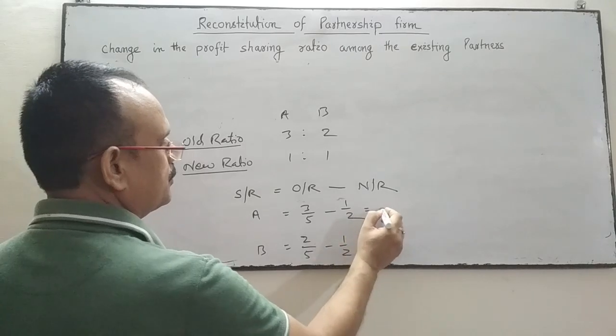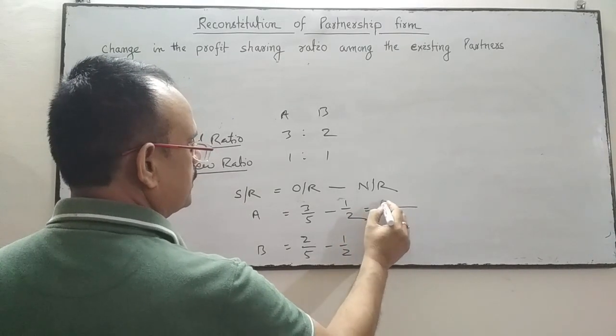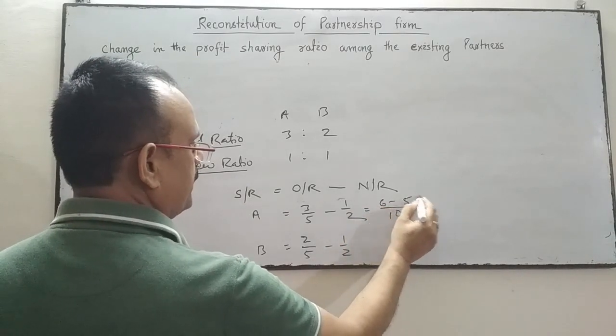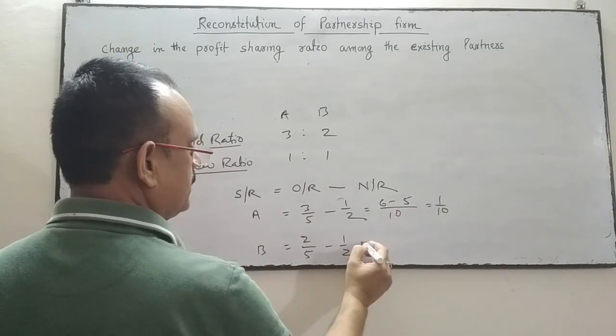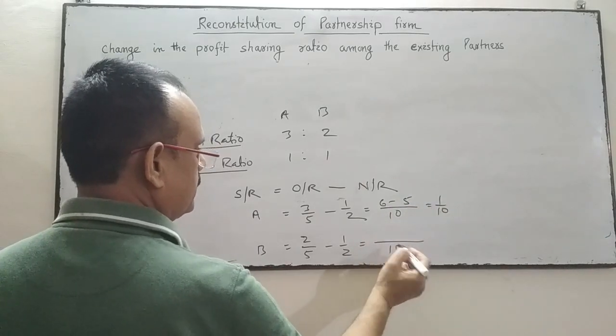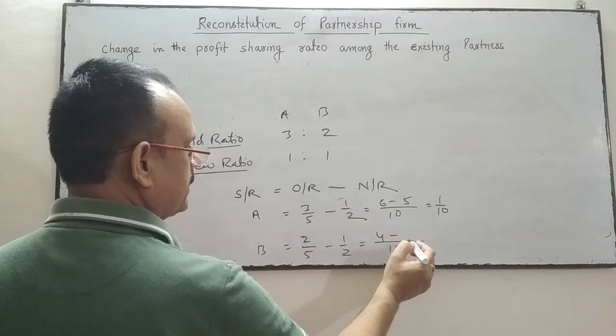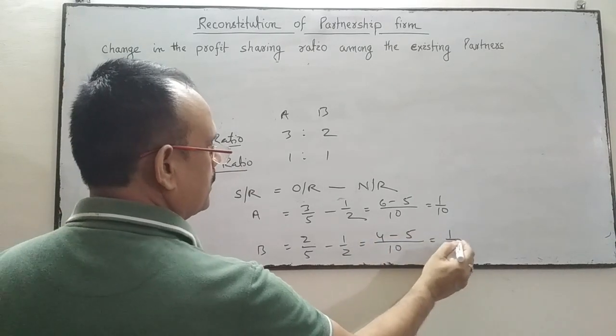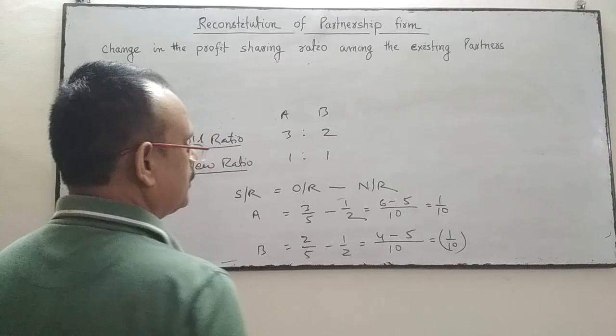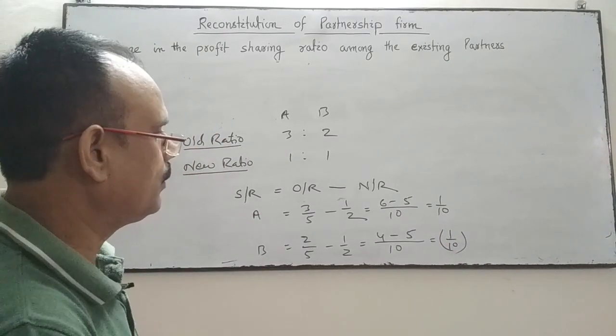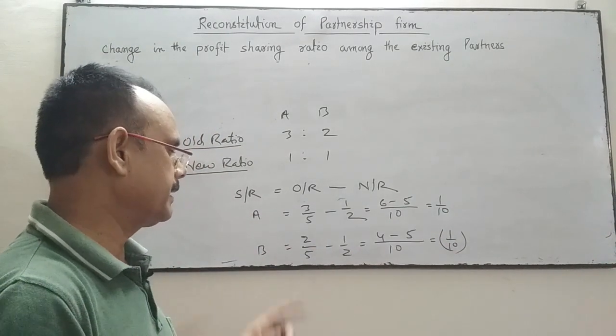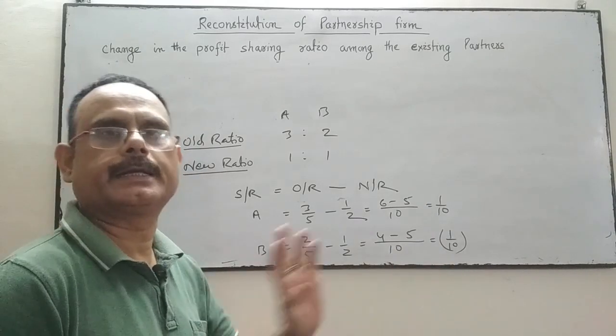So 10, 6 minus 5, it is 1/10. Here 4 minus 5, 1/10, it's negative. So A has sacrificed 1/10 from his share, and B is the gainer of 1/10.